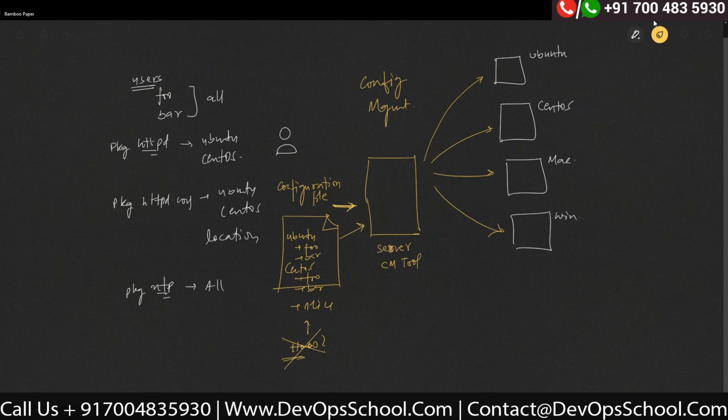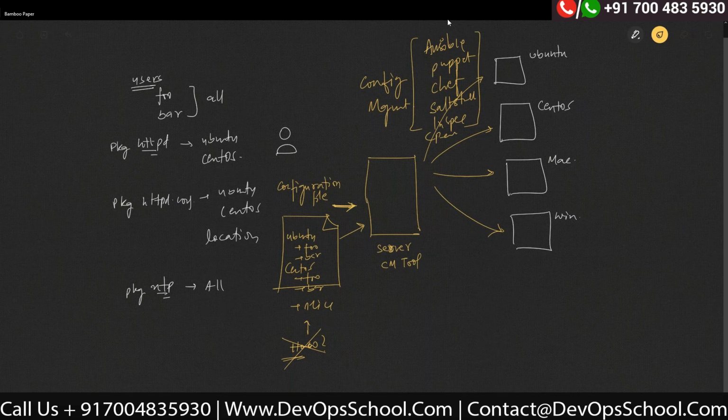Many examples: Ansible, Puppet, Chef, what else? SaltStack, Inspec, right? CF Engine, something like that. All these tools take care of managing the configurations of the server.